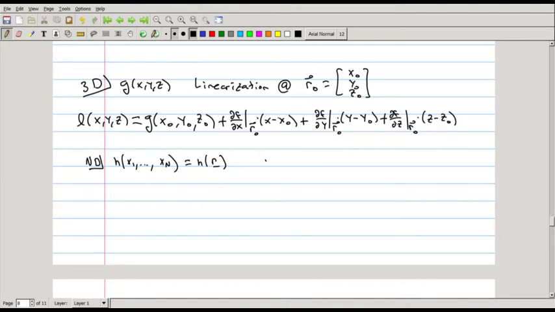So we'll say that r here is the vector x1, x2, all the way to xn, and we'll consider the linearization of the function h around some fixed point r naught. So it'll be x1 naught, x2 naught, so on and so forth, all the way to xn naught. And we'll use the formulas from 2D and 3D to guide us along.